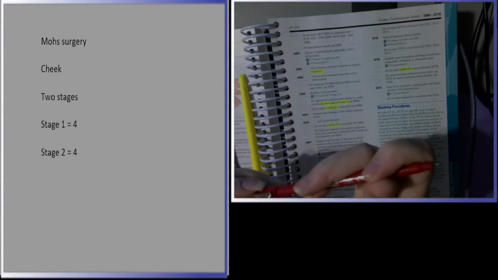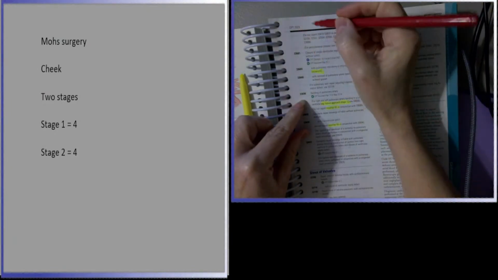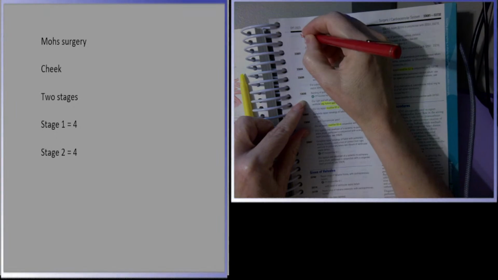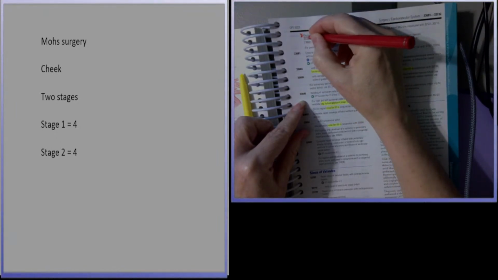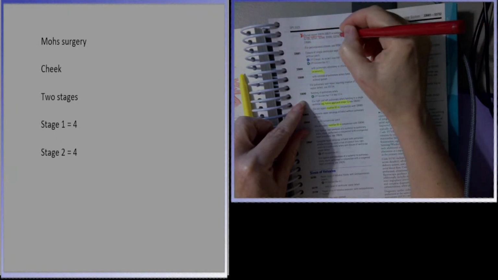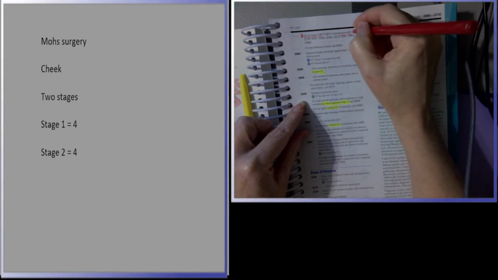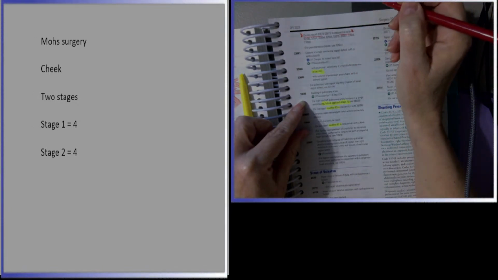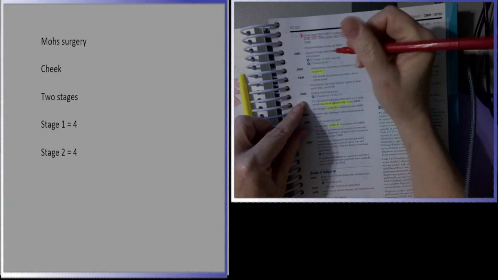Then every time it tells me do not report that code with anything here, I double star and underline those in red throughout the entire book.